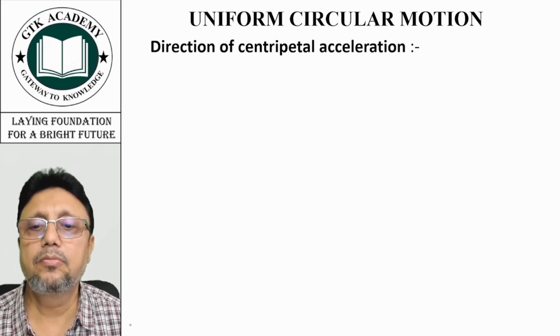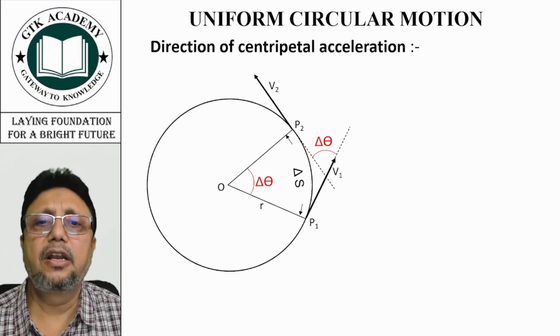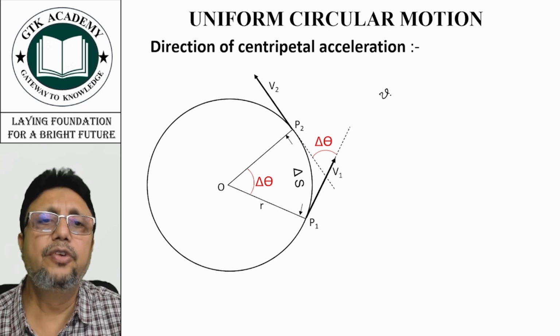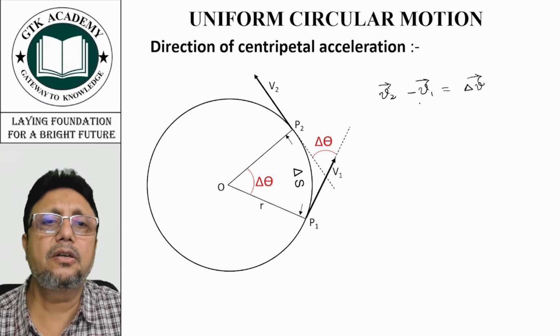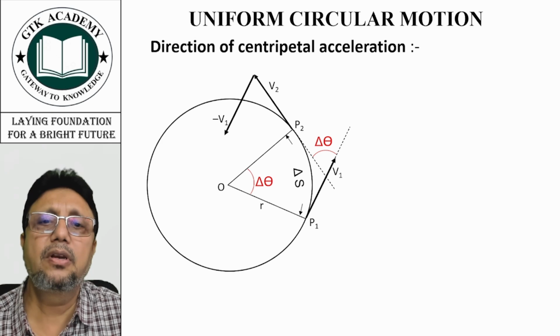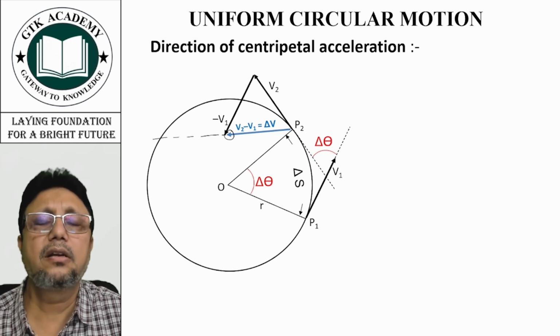Take the same figure. Now if you want to find the direction, acceleration will be in the direction of change in velocity, that is V2 minus V1, which is delta V, right? So just subtract V1 from V2 and see, this is minus V1, so this is your delta V. However, here we can see the delta V direction is different, it is not towards center.